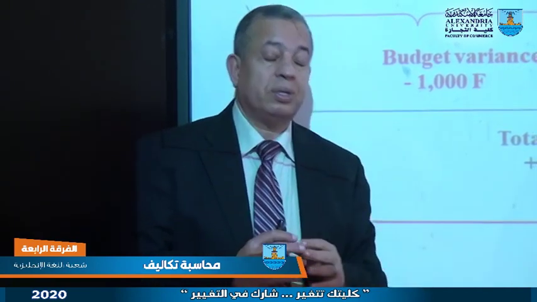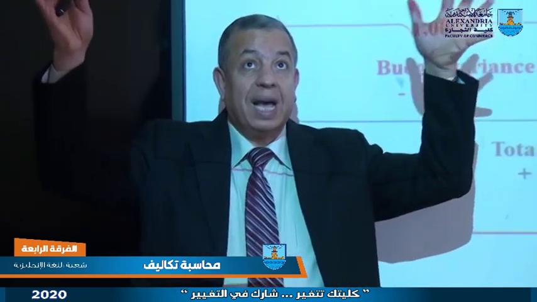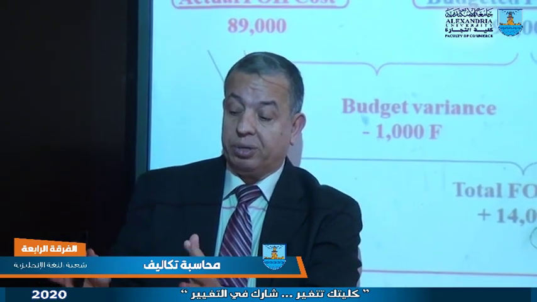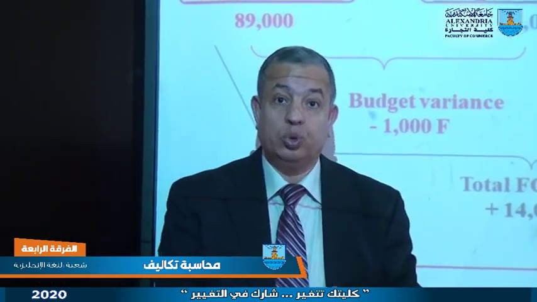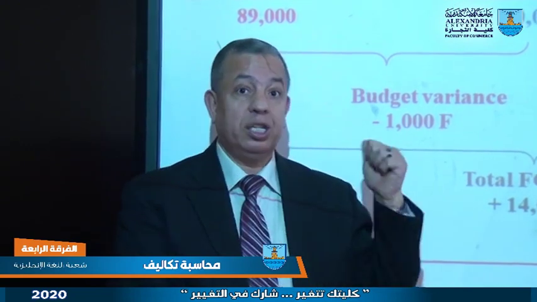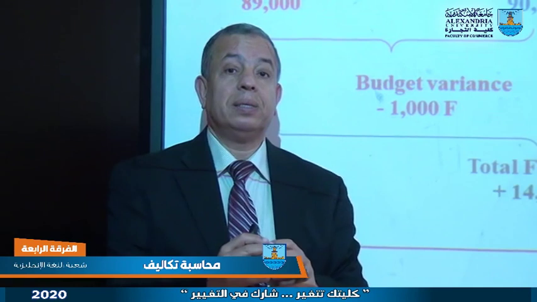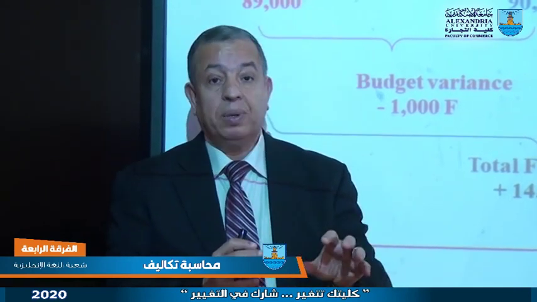Okay, the third part. Again, the total variance of the company: the first part related to direct material, the second part related to direct labor, and the third part related to manufacturing overhead. Manufacturing overhead may be variable, may be fixed.